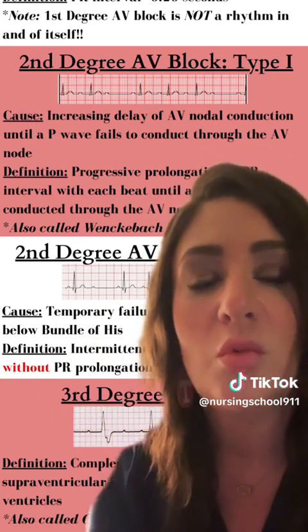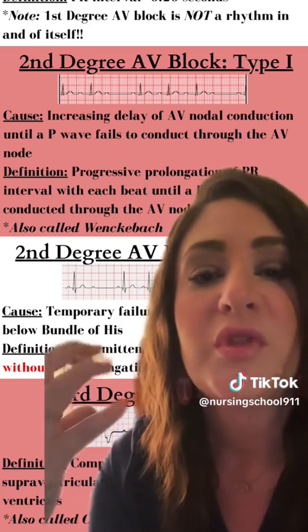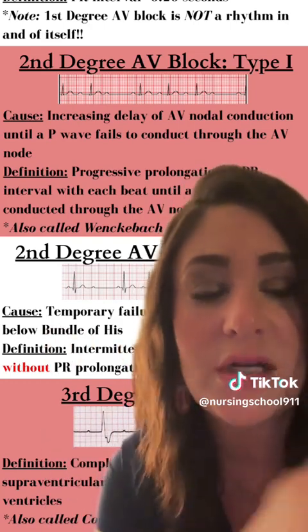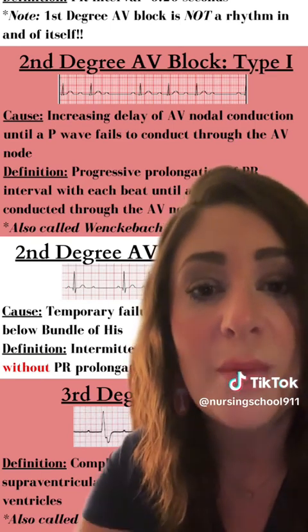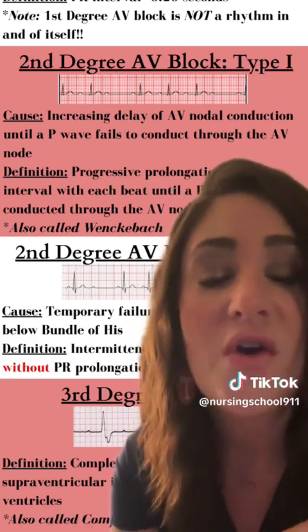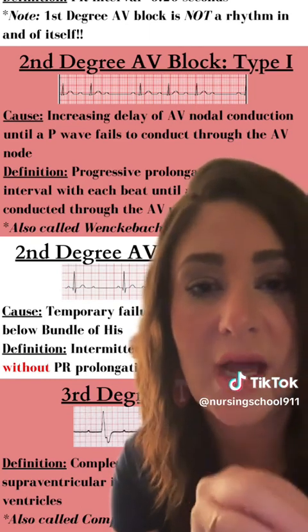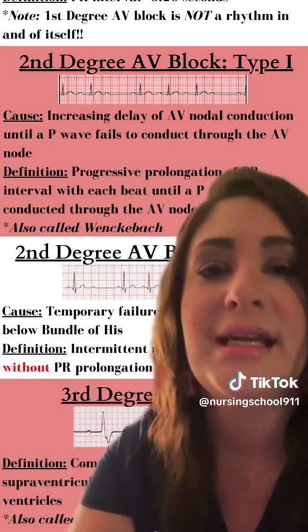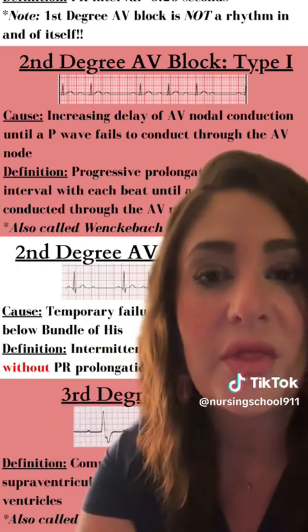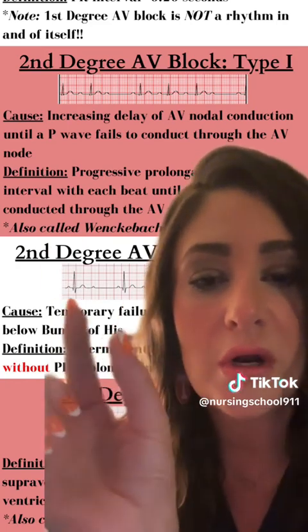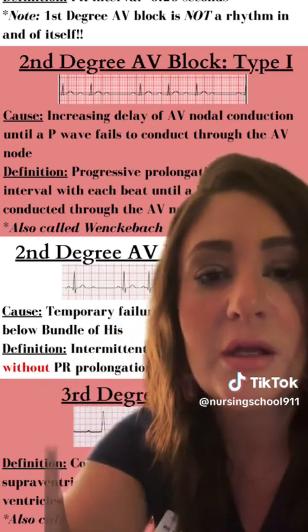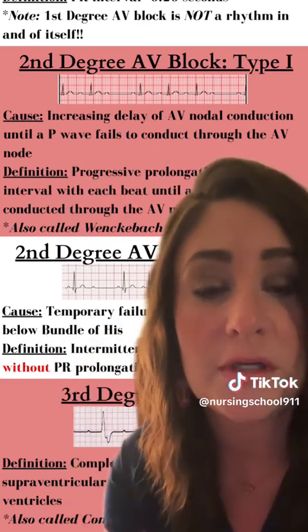The cause is an increased delay of AV nodal conduction until a P wave totally fails to conduct through the AV node. So what you're going to see is increasing length of the PR interval. The PR interval is going to get longer, longer, longer until a P wave is dropped, okay?